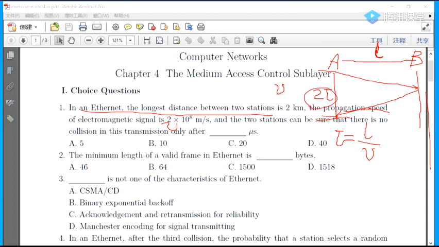So we can determine the 2 tau, right? 2 tau means 2L divided by V. Here, L is 2 kilometers, right? V is 2 times 10^8.